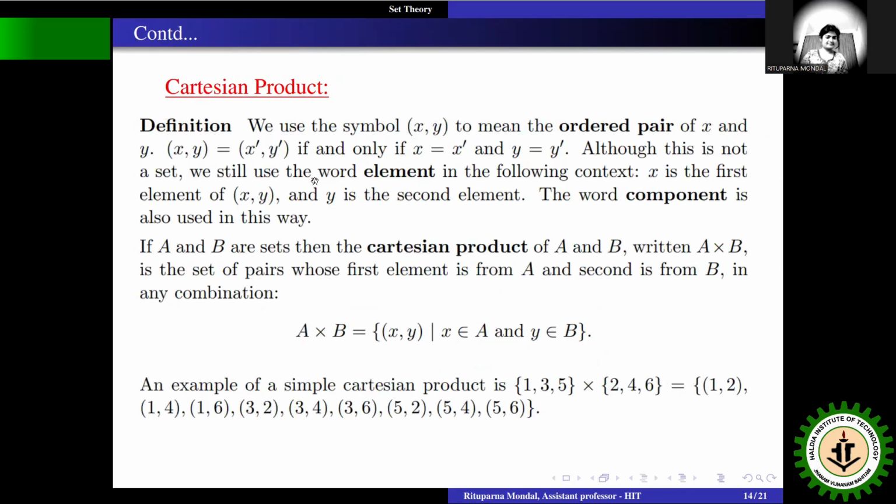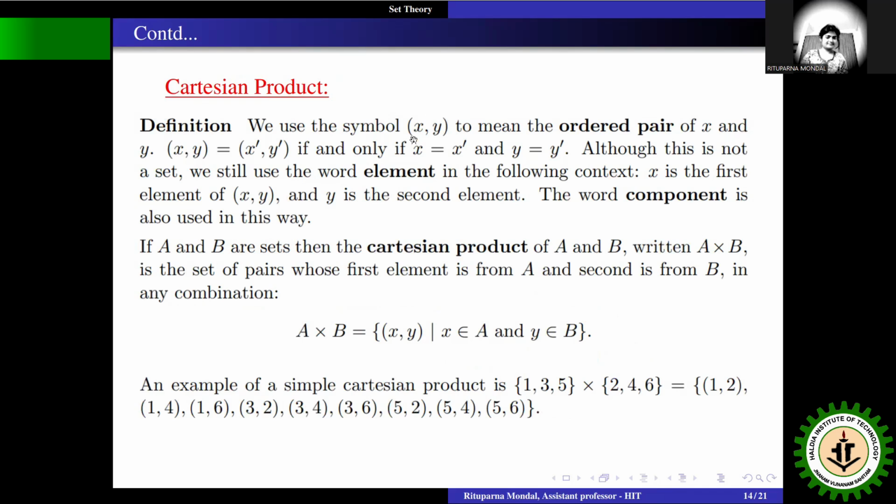Now, Cartesian product. Before starting the Cartesian product, we have to know what an ordered pair is. An ordered pair has this notation, (x, y). Here, x is the first component or first element, and y is the second component or second element.